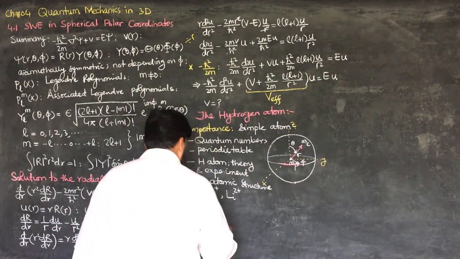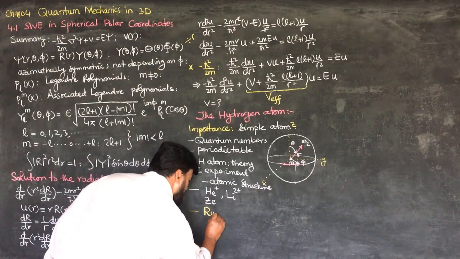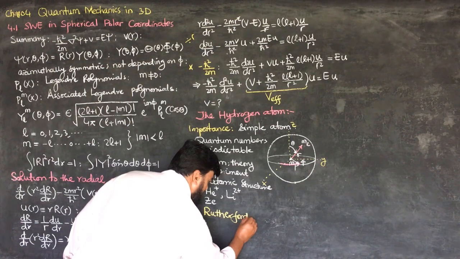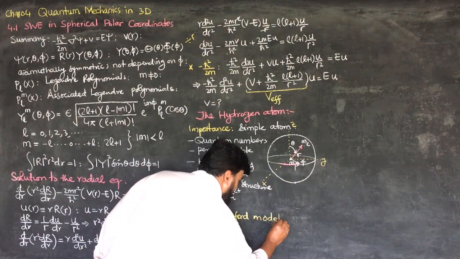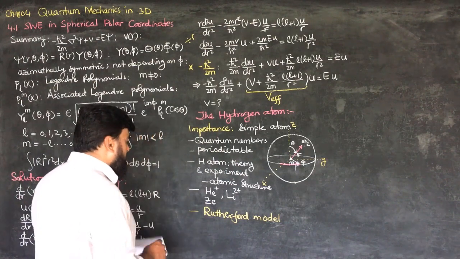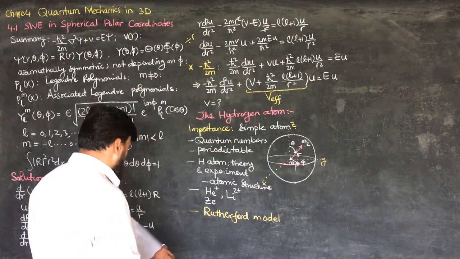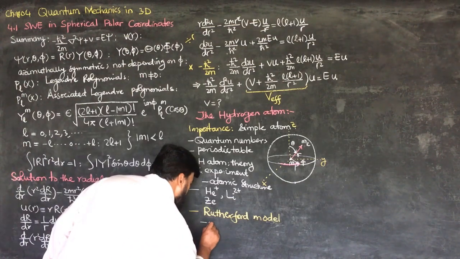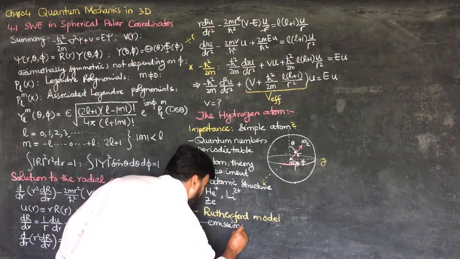So let me start with the Rutherford model of an atom. The Rutherford model of an atom had some problems. The very first problem was of the emissions.